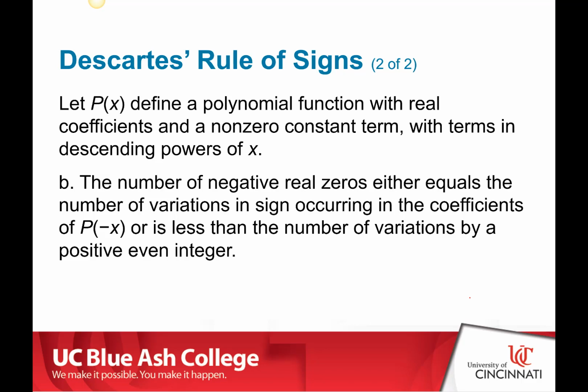How do you figure out how many negative roots this thing might have? Well, what you do is you plug in the -x and you count the number of variations.